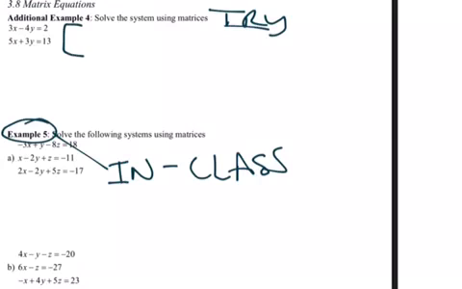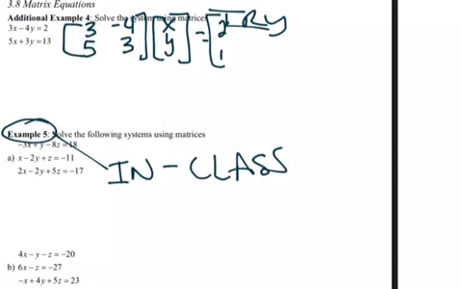So I'm going to set it up as 3, negative 4, 5, 3 times x, y is equal to 2, 13. Okay, so the determinant for this matrix, 1 over 9 minus negative 20, so it's going to be 1 over 9 plus 20.